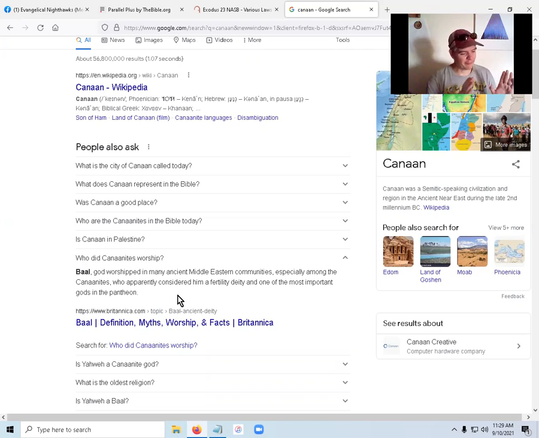They might have religious people write the article. You read Canaanite, and you read that God was worshipped in many ancient Middle Eastern communities.